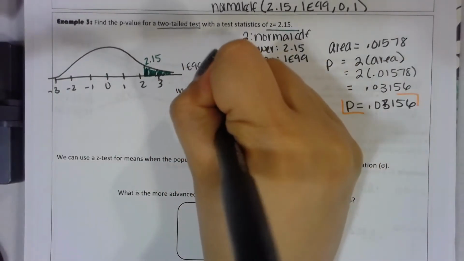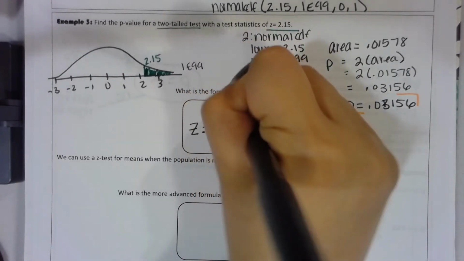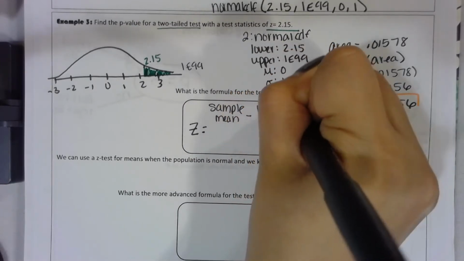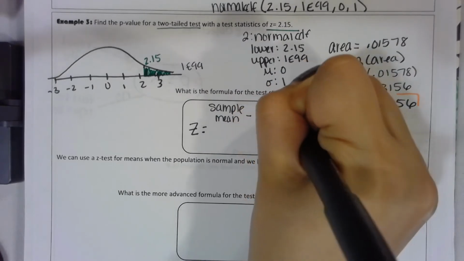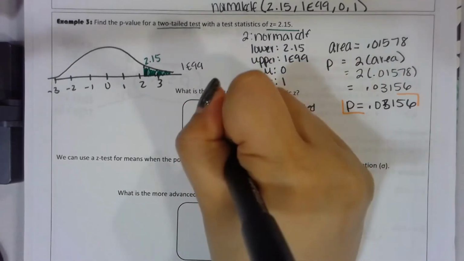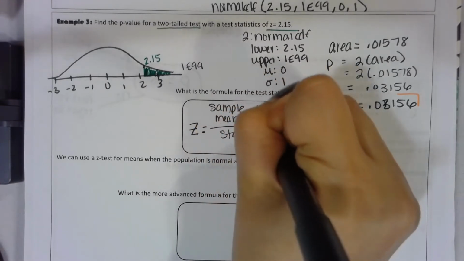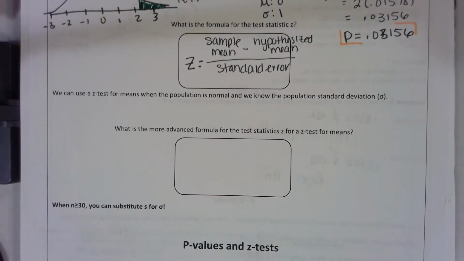So the more advanced formula for the test statistic z for a z-test for means would be that your z is your sample mean minus your hypothesized mean divided by your population standard deviation, divided by the square root of your sample size.